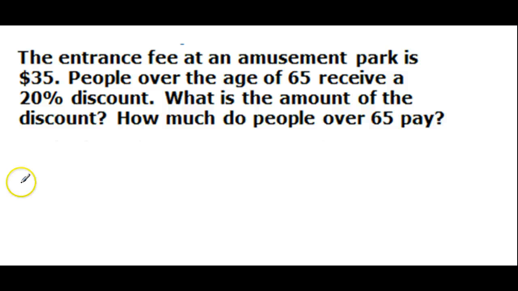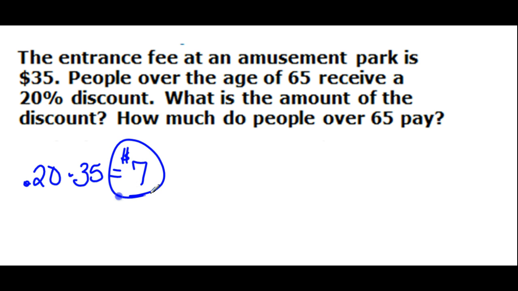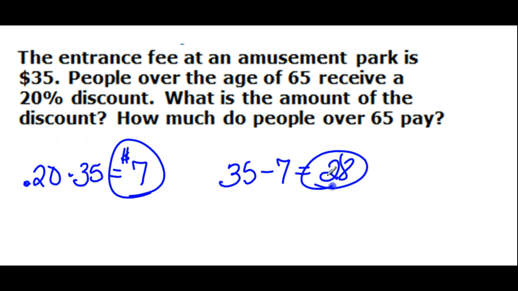I would say 20%, so 0.20 or 0.2 times 35 equals what? Well, it's $7. So the amount of the discount is $7. How much will they pay? Well, it was $35. They get a $7 discount, which means they're going to pay $28. Okay?